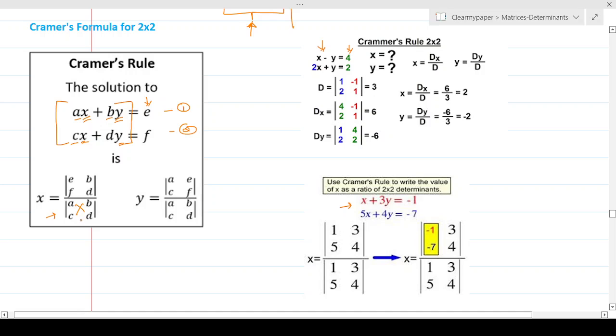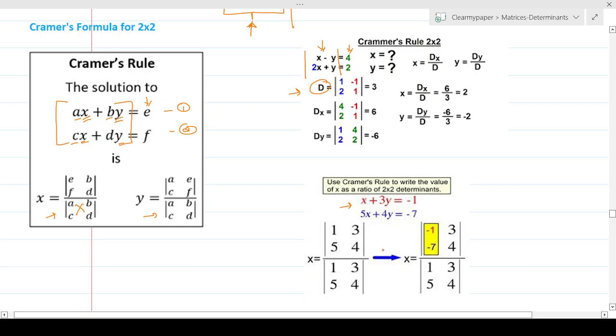whatever you get, that's the determinant of the coefficient matrix, which includes the variables x and y in the denominator. Everywhere you will find the same pattern. For example, if you see here the D, this is the coefficient matrix, and if you just take the coefficients 1, -1, 2 and 1, that's what it is.